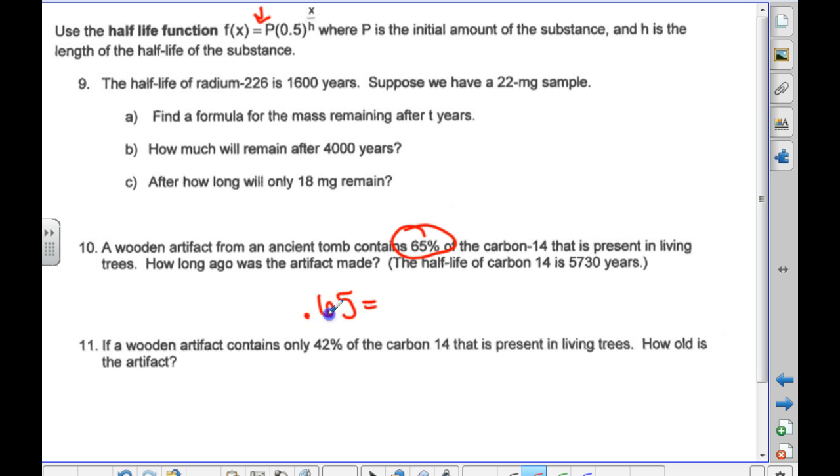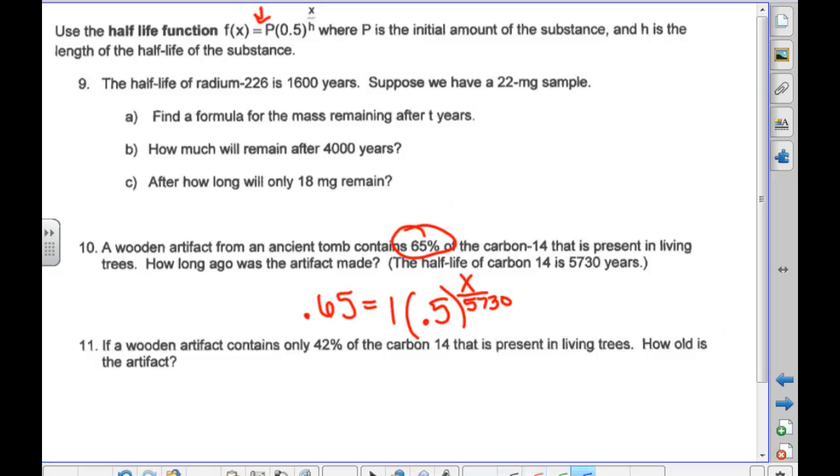Okay, if you're going to call that 0.65, then what did you start with? 100% or just 1, right? Which will make no difference to your equation. I'm just pointing out to you that you have to have an initial amount. And so if we divide by 1, we still have 0.65.